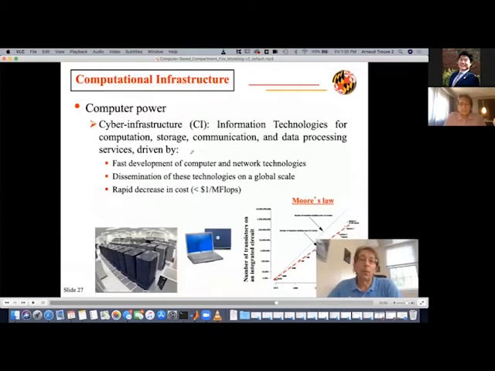All right, now once you have a numerical algorithm and you have a capability to generate a mesh, you need to be able to use computer power to simulate your problem. Clearly, computational modeling has benefited from the tremendous increase in computer power thanks to the development of information technology since the 1970s. We now have computer and network technologies that are widely available at a reasonable and decreasing cost.